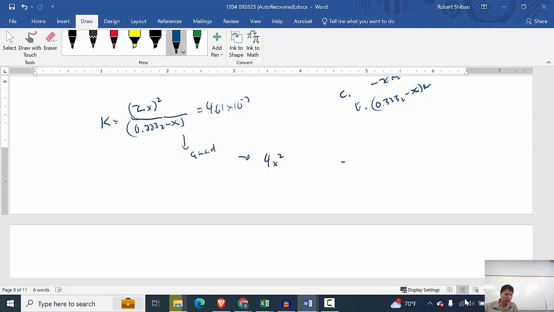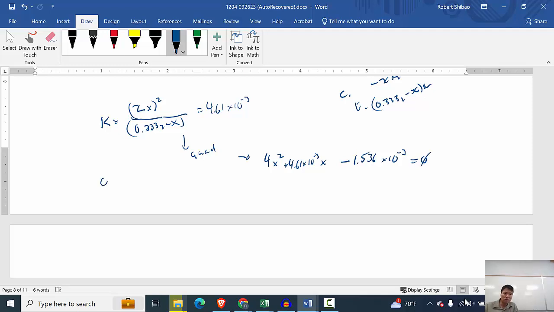That gives me a minus 1.536 times 10 to the minus 3 over here, and this is going to be plus 4.61 times 10 to the minus 3 x is equal to 0.